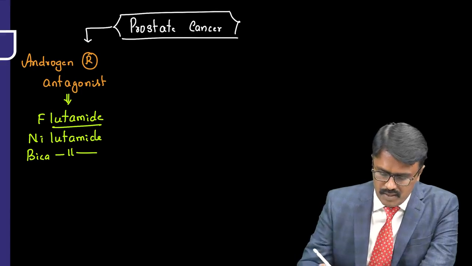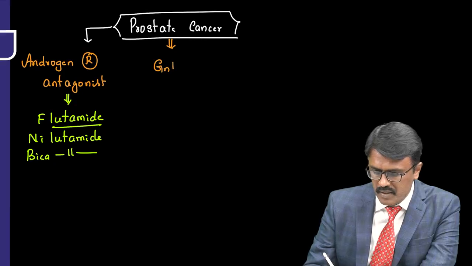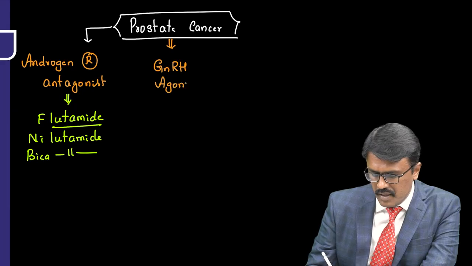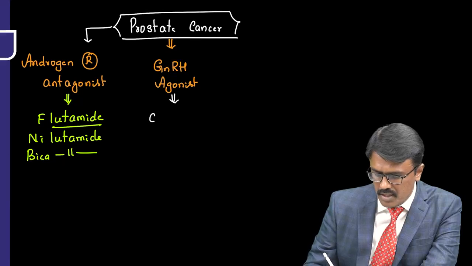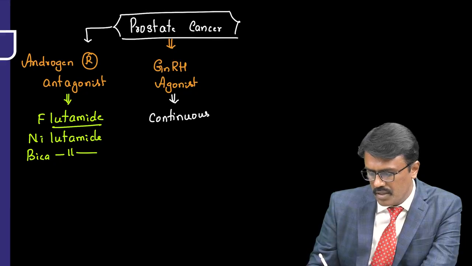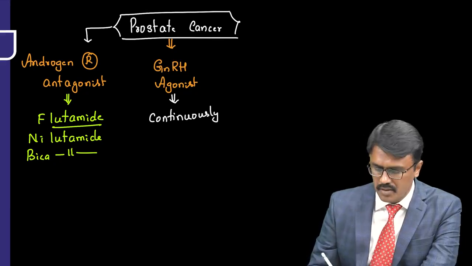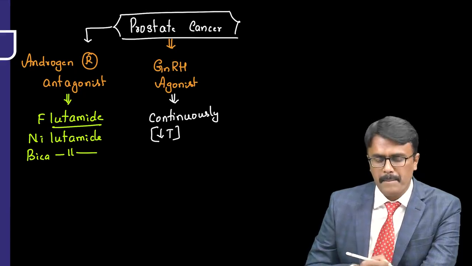That can be used. The second option we have is the GnRH agonist. When you are using a GnRH agonist, it should be used continuously. They are not used intermittently; they are used continuously to decrease testosterone secretion.